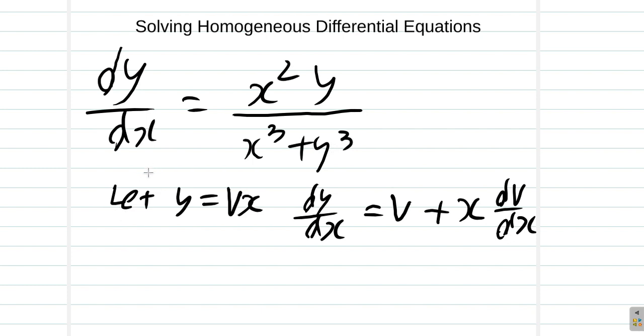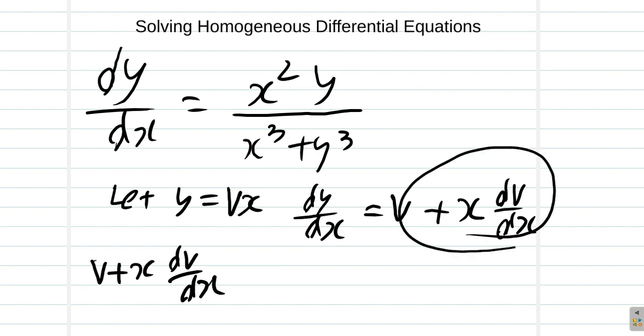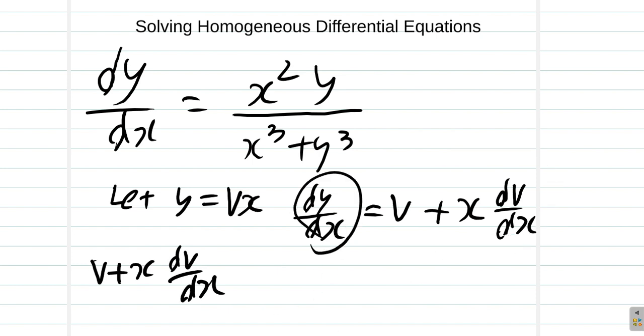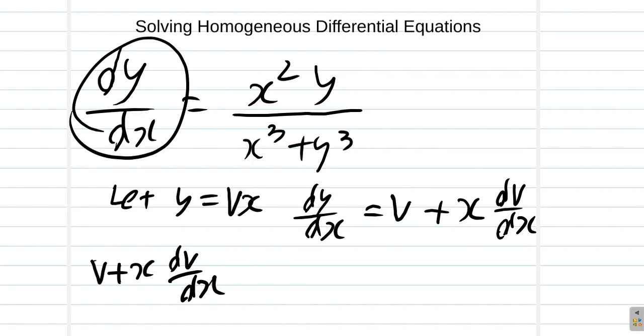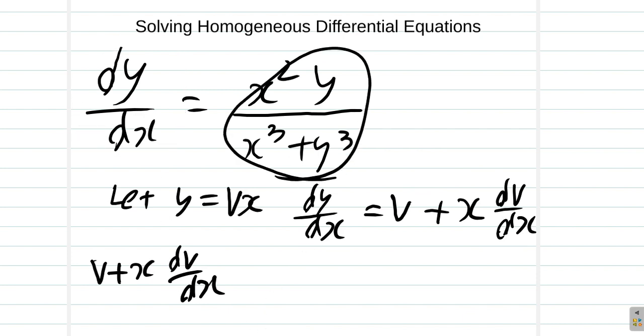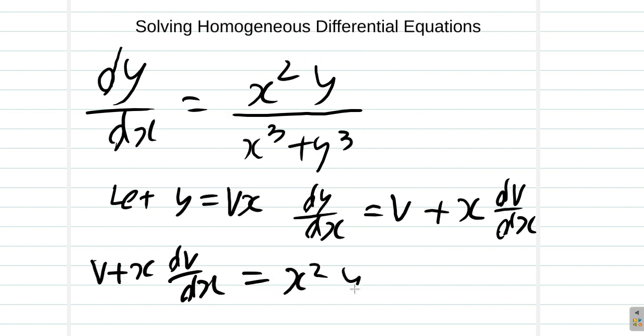Now, let us equate these. We have v plus x dv by dx, which is dy by dx. But dy by dx is this, so we write this down. This is equal to x squared y over x cubed plus y cubed.